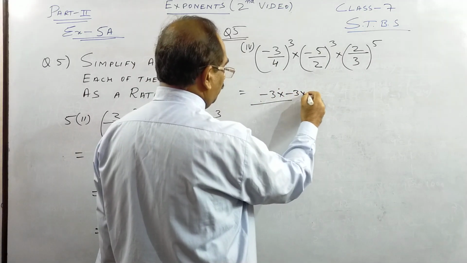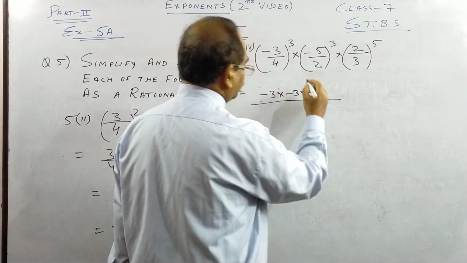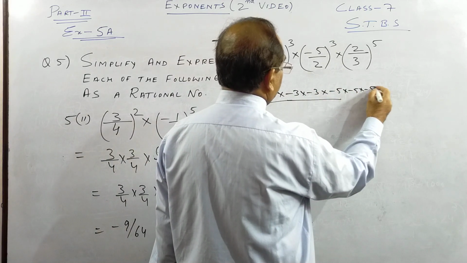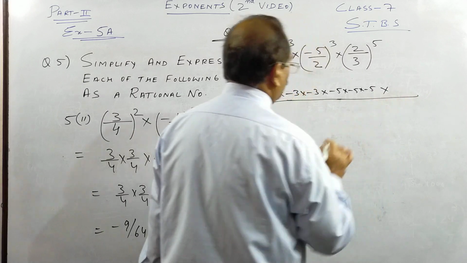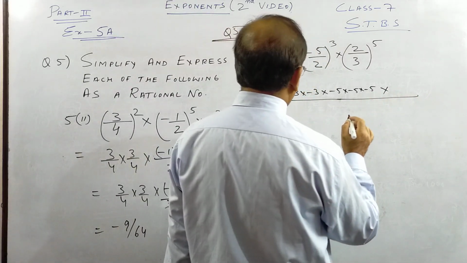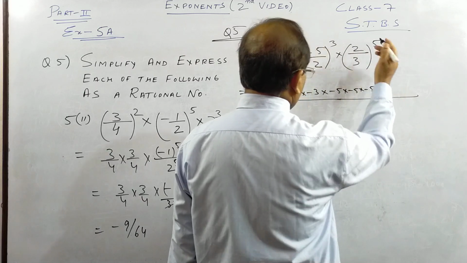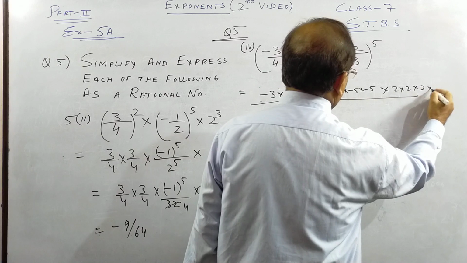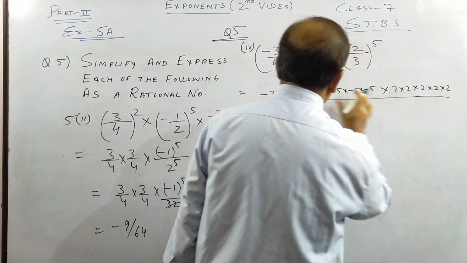To the power cube means 3 times. Here this is also 3 times, and 2, as I told you, one formula I gave you. So you can write 2 to the power 5 as 32, or you can write 2 5 times. So just I have opened it.